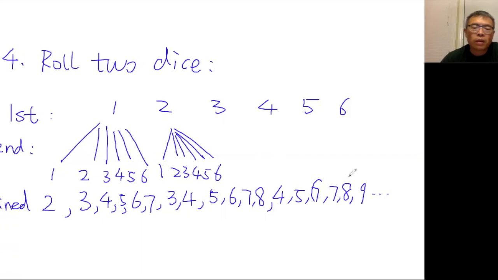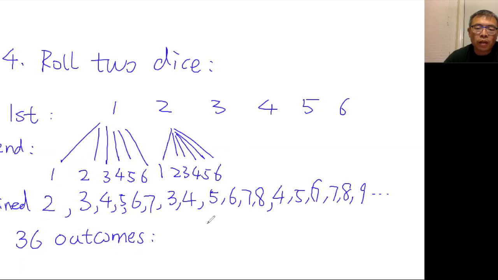And so on. Now you can easily see the total number of outcomes here. Each one of these is 6, so 6 times 6, so totally you have 36 outcomes. For example, if you want to calculate the probability of getting a 2 out of rolling the 2 dice, as you see here, there's only one case you got 2 out of 36 outcomes.